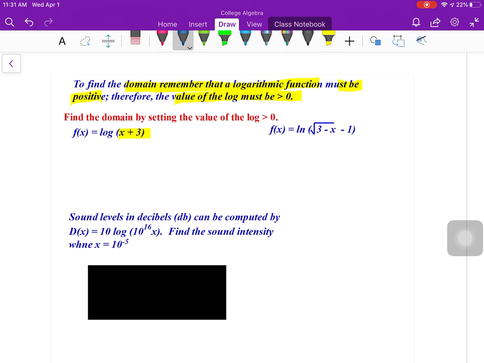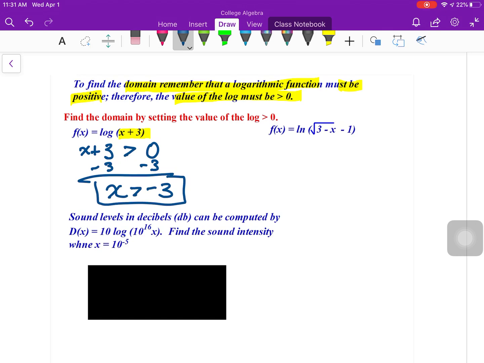X plus 3 is my value. So my value must be positive. So x plus 3 is greater than 0. So I'm going to solve that for x. And I get x has to be greater than negative 3 as my domain.